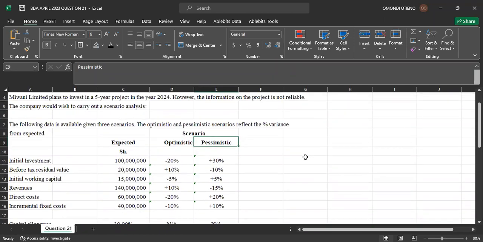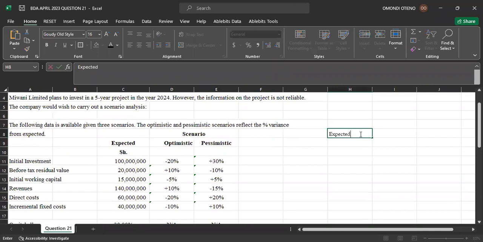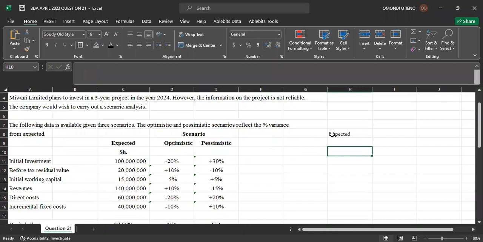So for this particular project, we are going to start with the expected scenario. Under the expected scenario, there are some key things that you're going to look at. One, we have to identify the years.